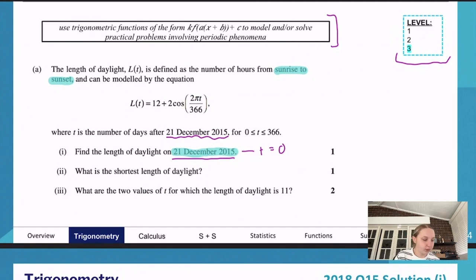Okay, so then for part II, we want to look at: what is the shortest length of daylight?